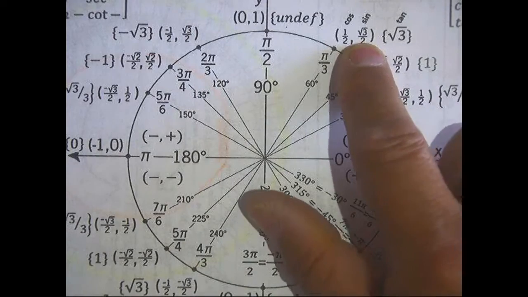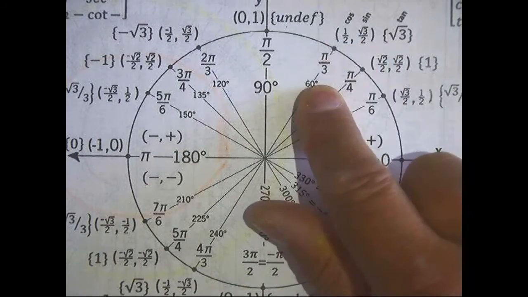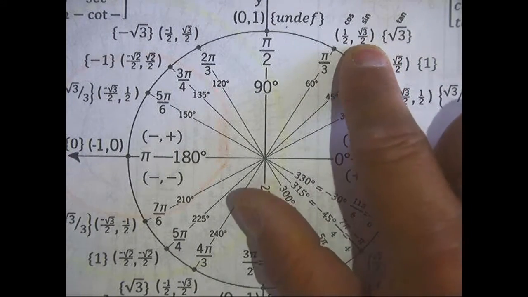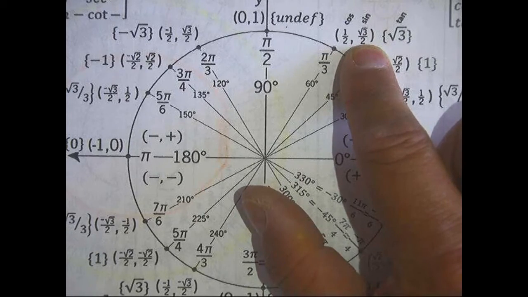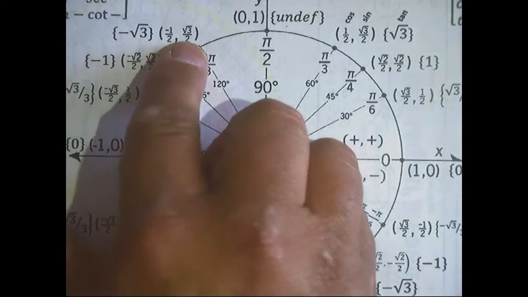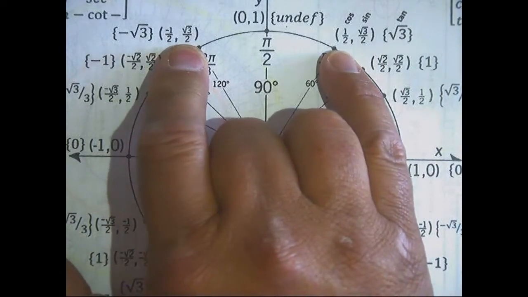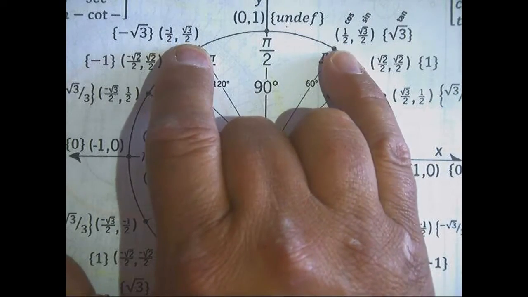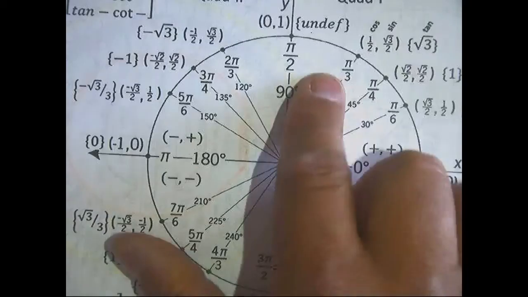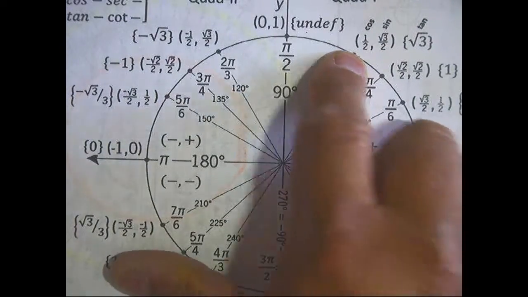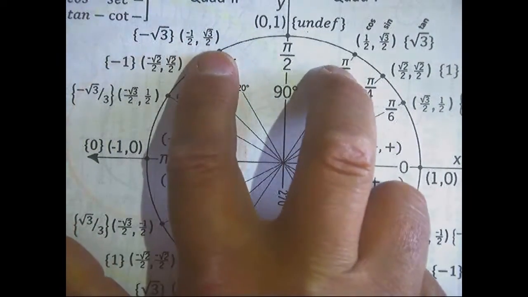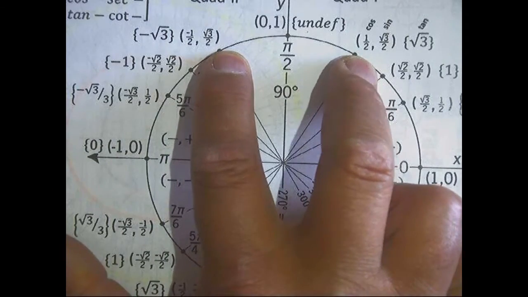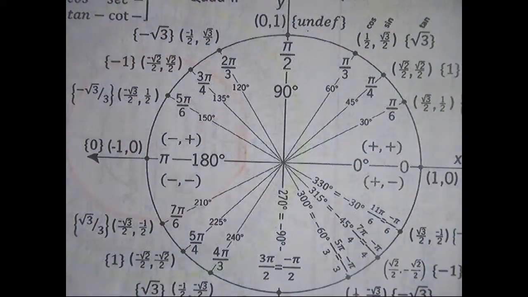Sine at 60 is root 3 over 2. When does that happen again? 120. See how these have the same sine values? How far apart are these two angles? 60. And then they repeat.